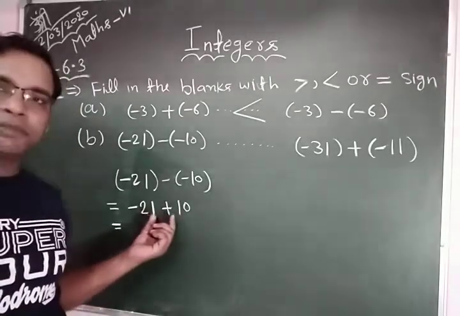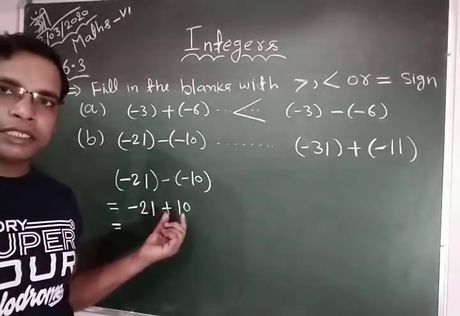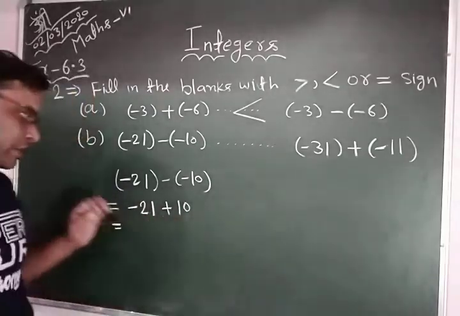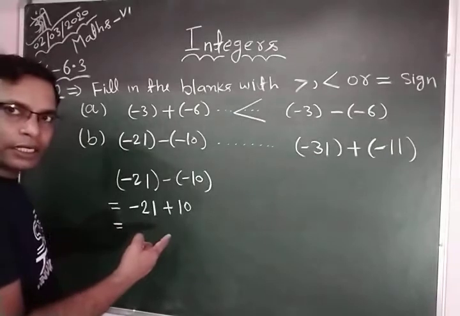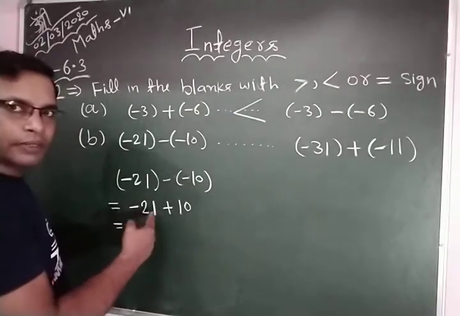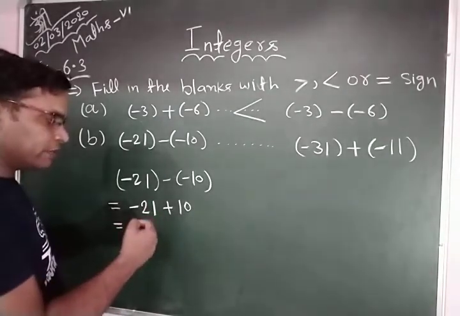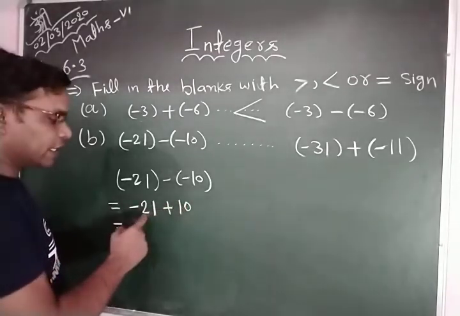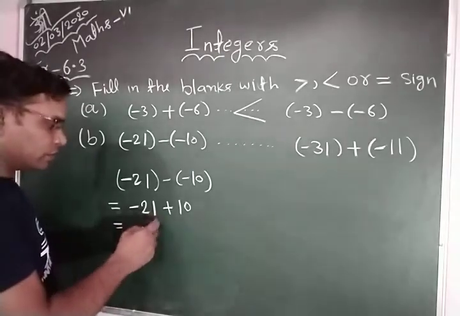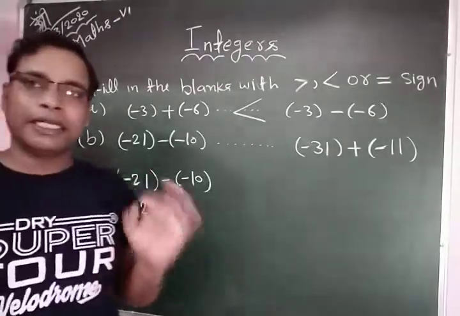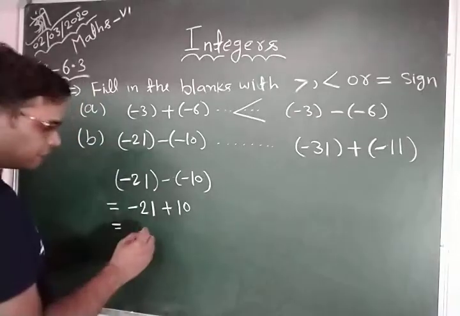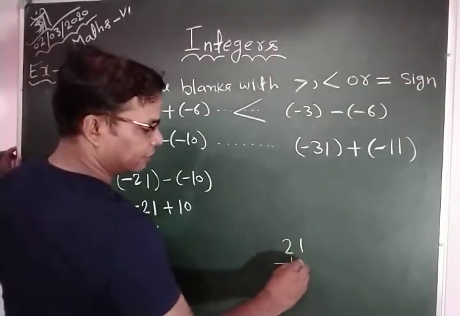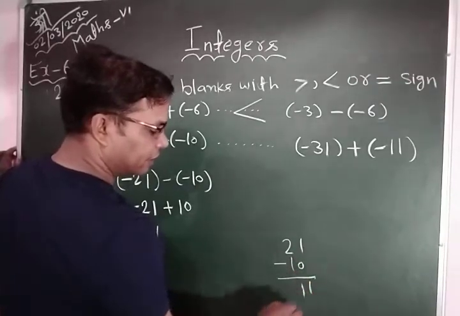So when the signs are different, we subtract the small number from the greater number. The small integer is 10 and the greater integer is 21. So subtract 21 minus 10, and we obtain 11.